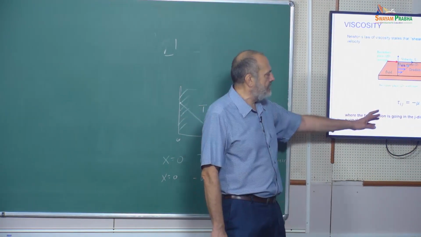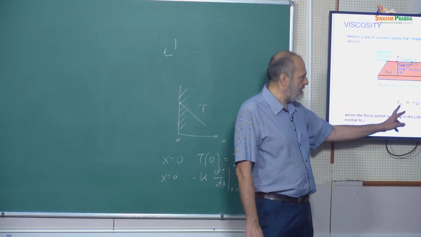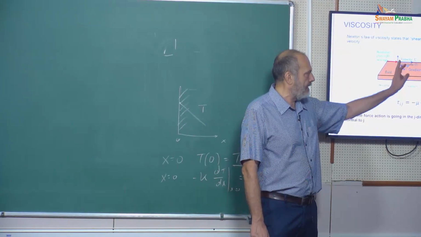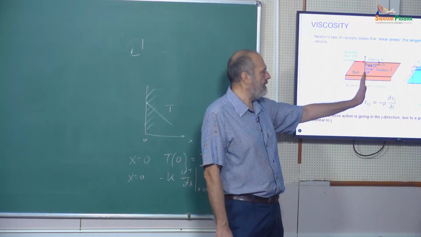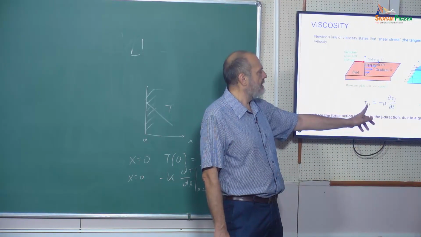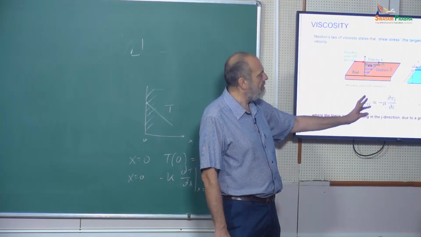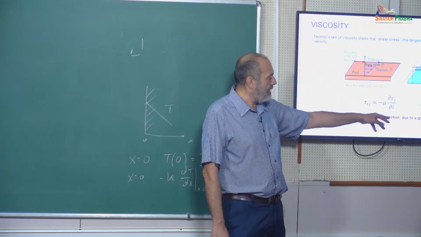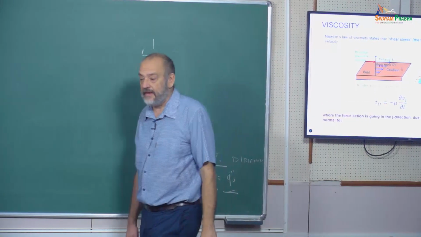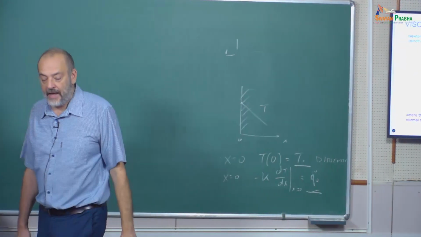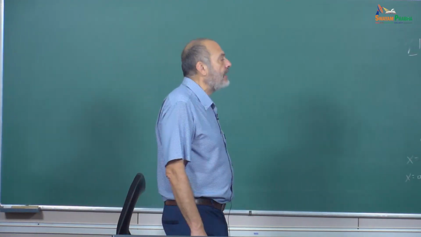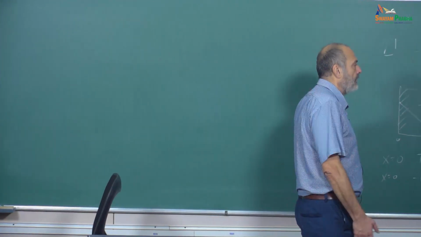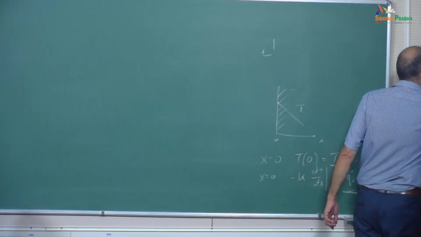Okay? And we can write it in this way: the force tau ij, which is the force in the direction of j that is linked to the gradient in the direction i, is equal to minus the dynamic viscosity, multiplied by the partial derivative of the velocity in the j direction over the direction i, or the direction where the velocity is changing.